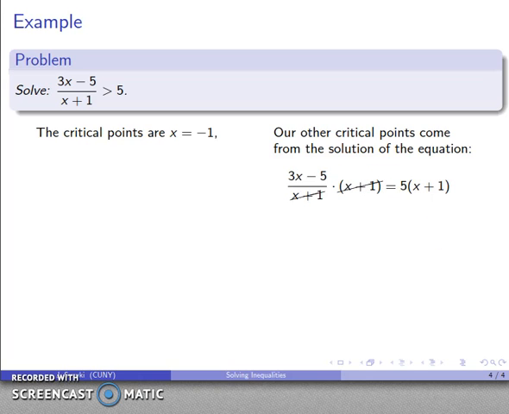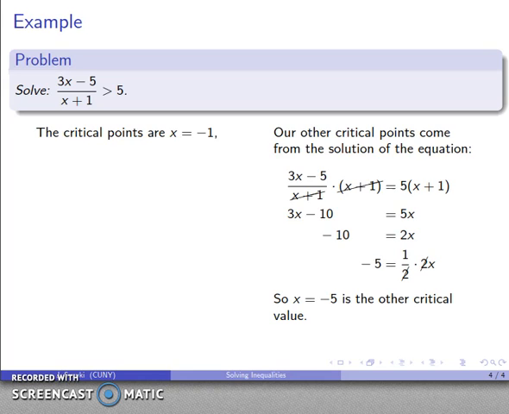I'll do a little bit of algebra, and I have this. I'll get everything onto one side. That's 3x minus 10. And let's see, I'll subtract 3x, that's 2x equals negative 10, and x is equal to negative 5. And there's my other critical point.